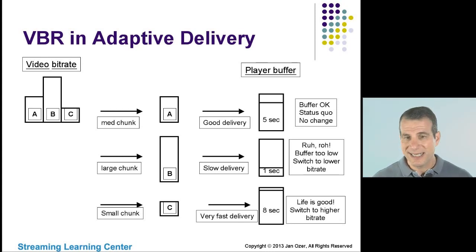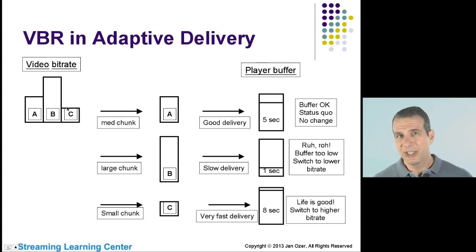Because we use variable bitrate delivery, chunk A is an average size, pretty normal scene to compress. Chunk B was a high motion sequence, very hard to compress, so the data rate really jumped during that sequence. And then chunk C, this little chunk over here, is an easy to compress scene, so the data rate's very low.